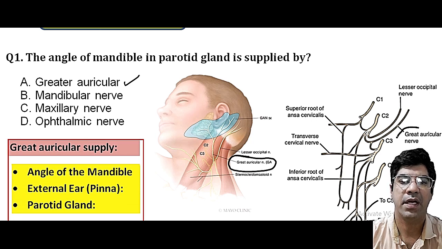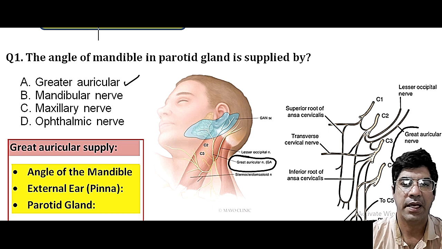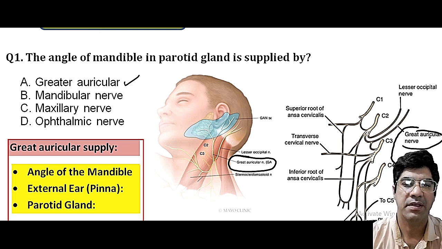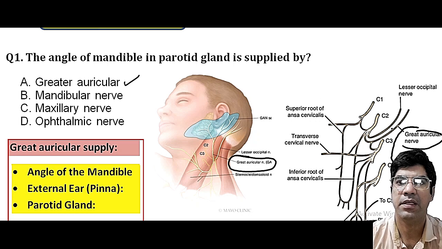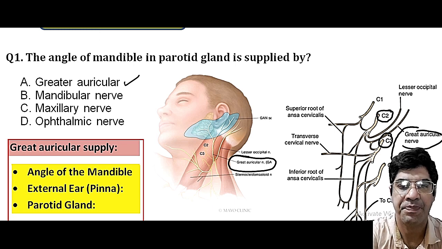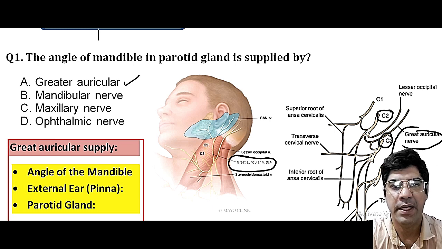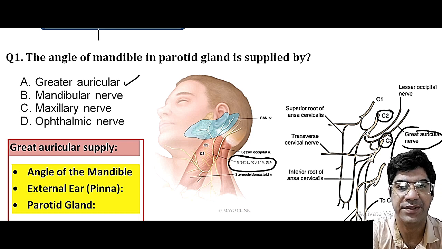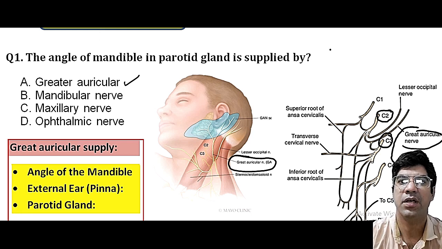This nerve arises from the ventral rami of the second and third cervical nerves, so C2 and C3, and it is a branch of the cervical plexus.